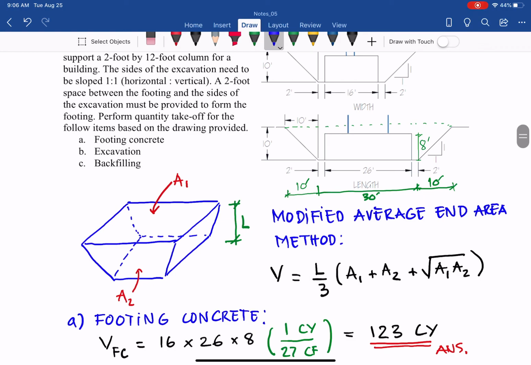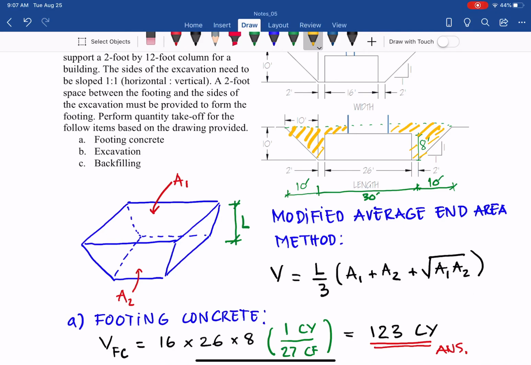The backfilling will be these areas that I'm going to highlight in yellow here. So that backfilling has to be equal to the volume of the excavation, subtract the volume of the footing, and subtract the volume of the column.